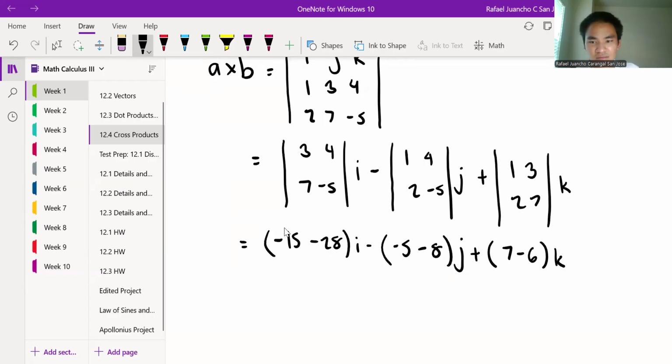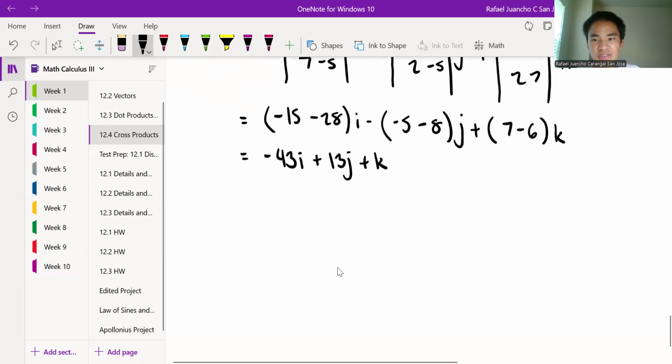That's k, right? And then we now have a nice vector here, which is negative 43i plus 13. See how this is minus negative 13. So plus 13j plus k.